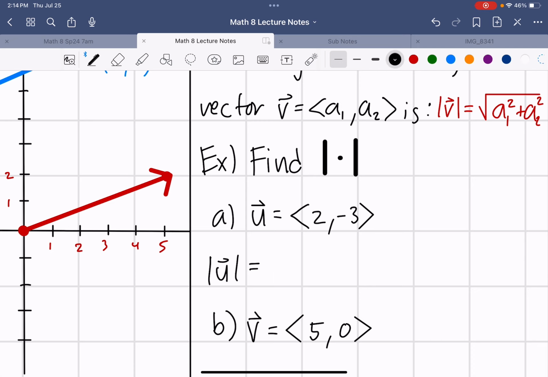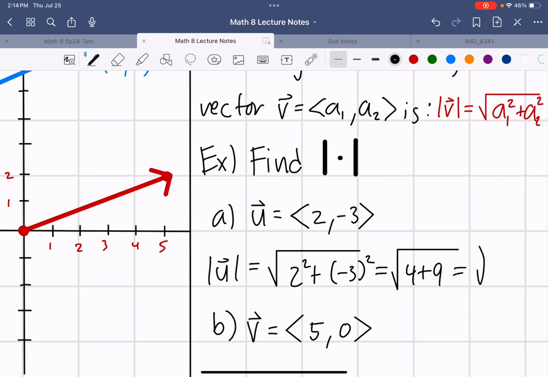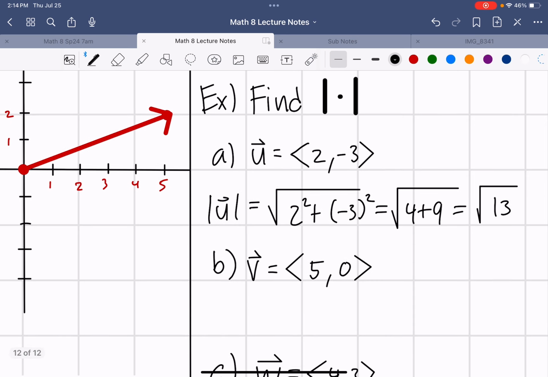It's just going to be the square root of 2 squared plus negative 3 squared. That's going to give us the square root of 4 plus 9, which is just going to be square root of 13.